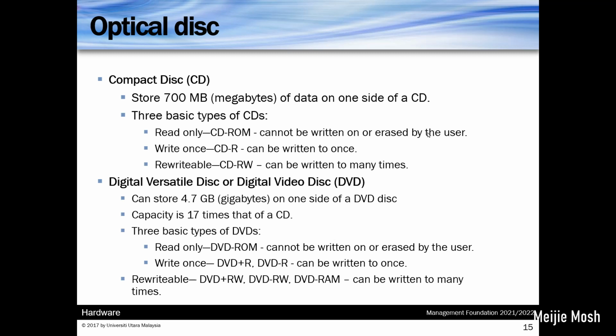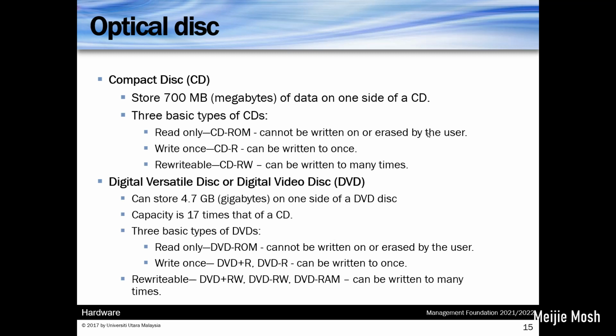A digital versatile disc or digital video disc (DVD) can store up to 4.7 gigabytes on one side of a DVD disc, so the capacity of a DVD is 17 times that of a CD.